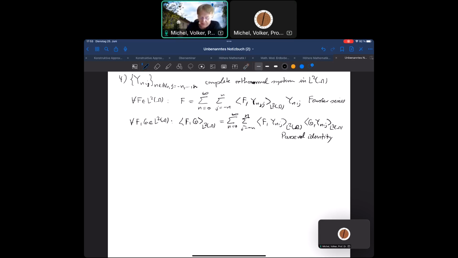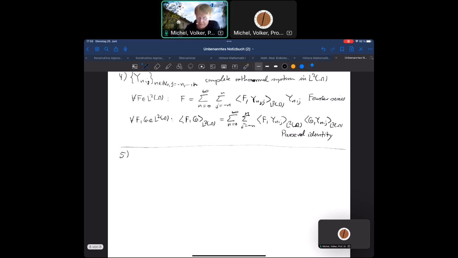Now there are some more things that are worth knowing. For that I have to look at the Laplace operator once again in R3, and more precisely I have to look at polar coordinates. Now I have a separate video on polar coordinates, so I will only briefly talk about this. If you have a point x in R3, you can represent it in polar coordinates by r square root of 1 minus t square cosine phi, r square root of 1 minus t square sine phi, and rt.